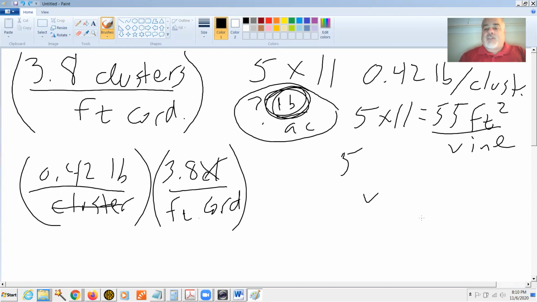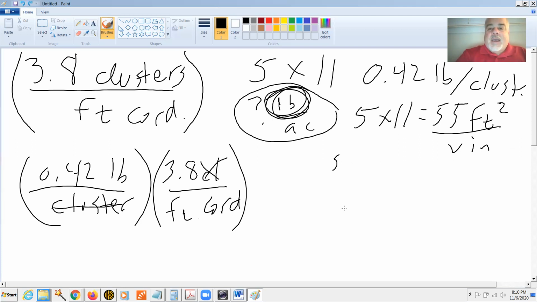I've got to go back to the first question and figure out the number of vines first. I know I have 55 square feet per vine. I know why I didn't do it, because I'm writing it upside down twice.